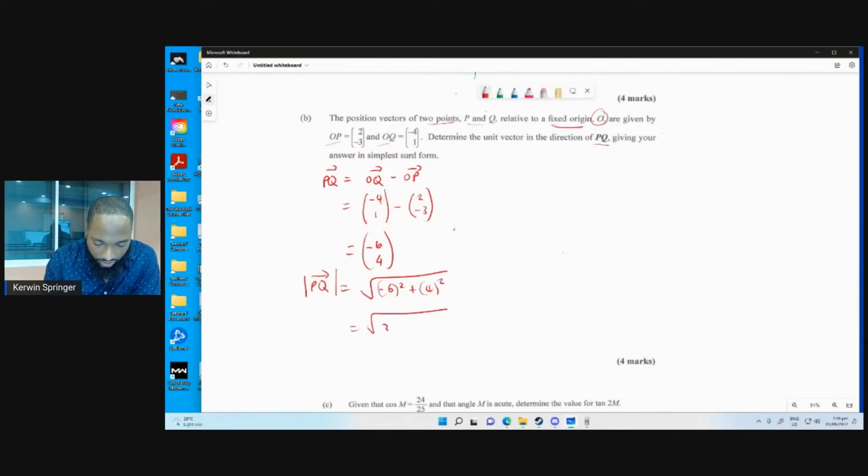So the square root of 36 plus 16, which is the square root of 52. Giving the answer in the simplest form.